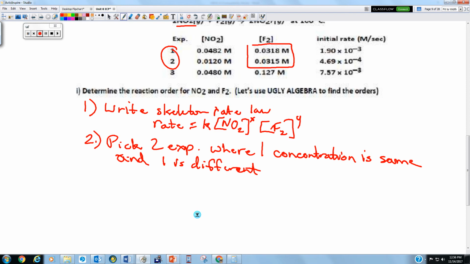All right, so I'm picking experiment 1 and 2. Now, for math's sake, you want to put the one that has the highest rate on top. So 1.90 times 10 to the negative third is a bigger number than 4.69 times 10 to the negative fourth. So I'm going to put experiment 1 on top.